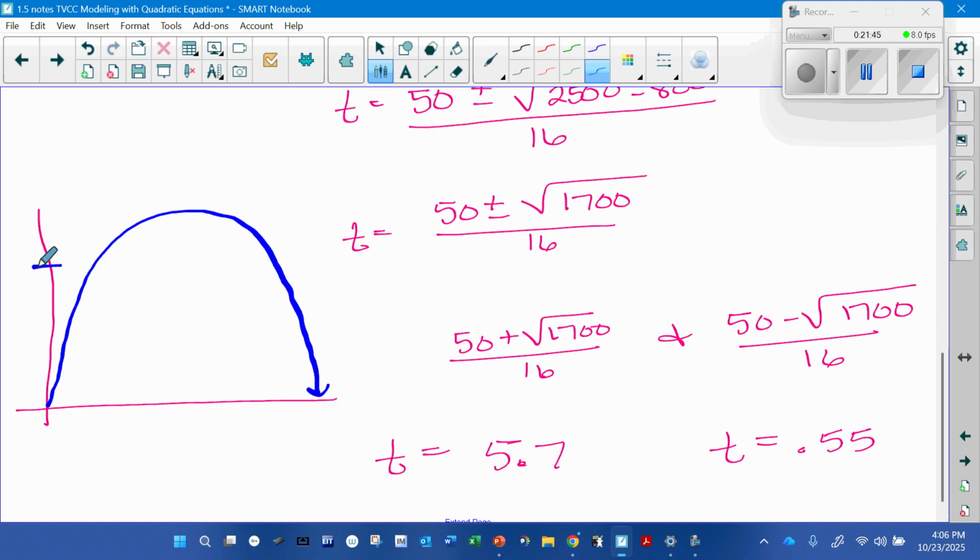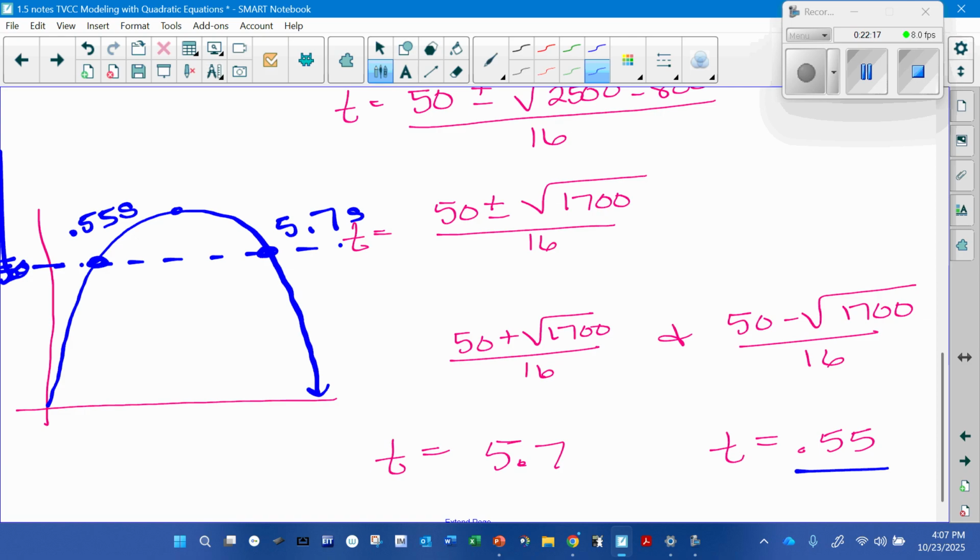So if this is the 50-foot mark, then across here on the way up, in 0.55 seconds, it's reaching 50 feet, and then it gets to the tippy top up here, and then it comes back down, and at 5.7 seconds, it's at 50 feet again. So you have two correct answers here because the projectile goes up and has to come down.